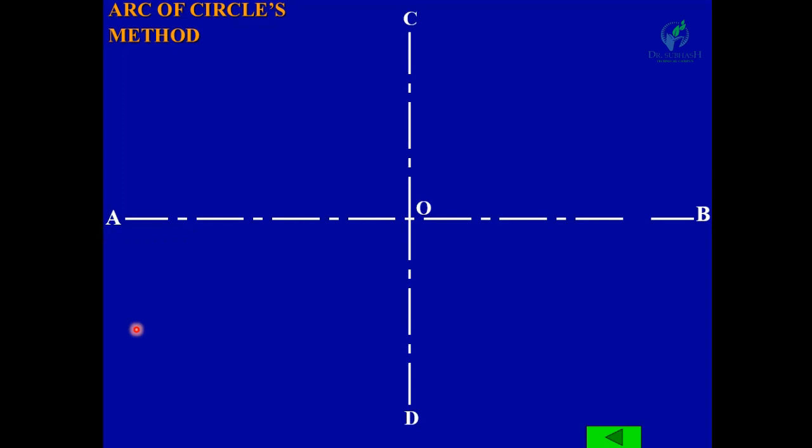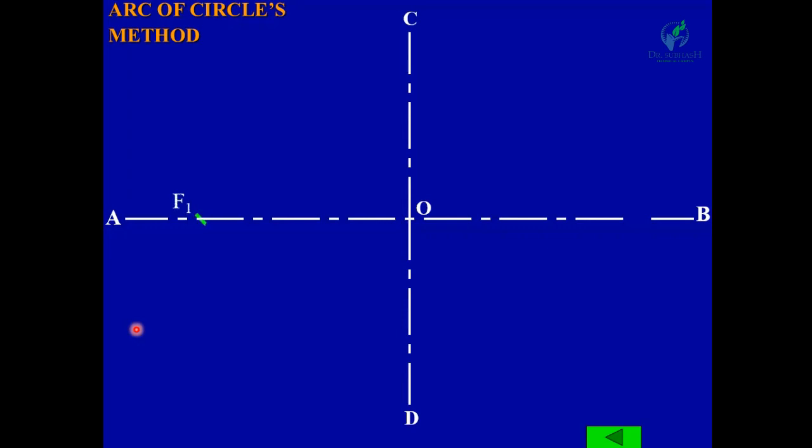Okay. Now we have to mark the foci F1 and F2 on this line AB. So for that, first of all, as per the definition of ellipse, we take the radius equal to AO and center equal to C and draw an arc on line AB.